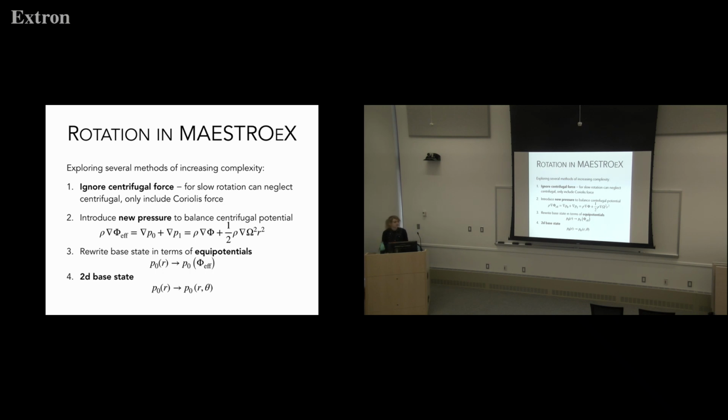Can I ask, I guess I missed something. You're modeling this rotating star under gravity, but why doesn't the centrifugal force just happen automatically? Why doesn't it just emerge from the dynamics? So we model in the co-rotating frame.